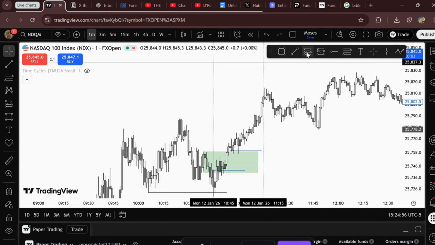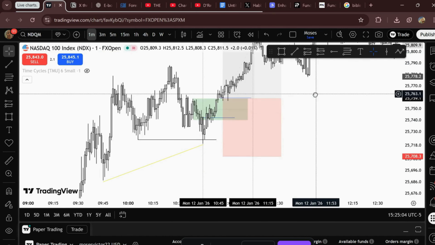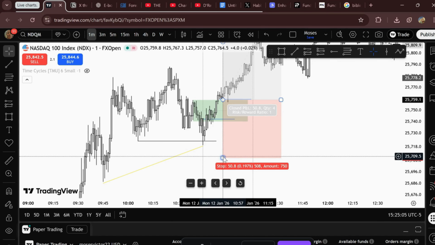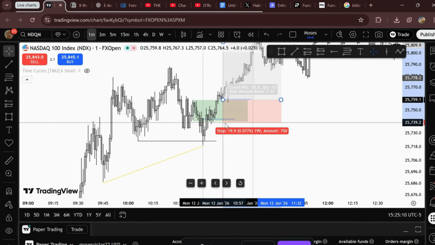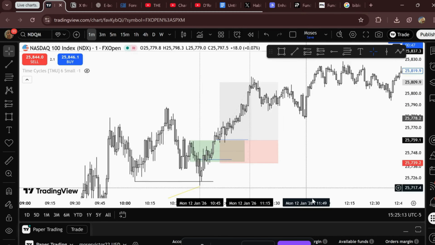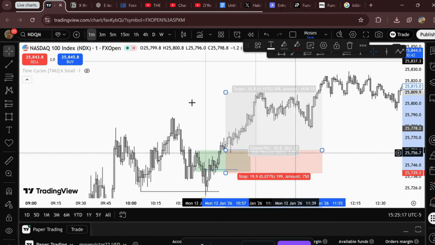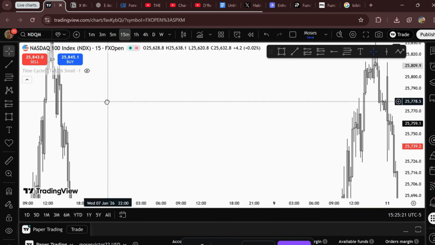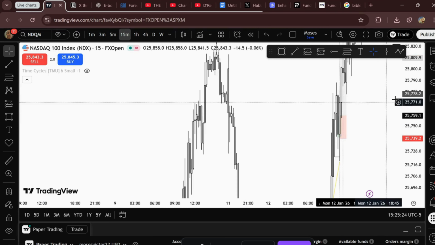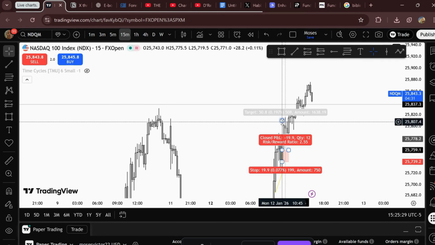So I entered here, and my stop loss was, I was being very conservative. So I placed my stop loss below this breaker block here. Very conservative today. And normally I target 4 is to 5, right? I target 4 is to 5. And that 4 is to 5 is here.